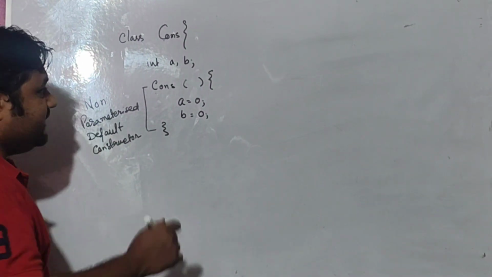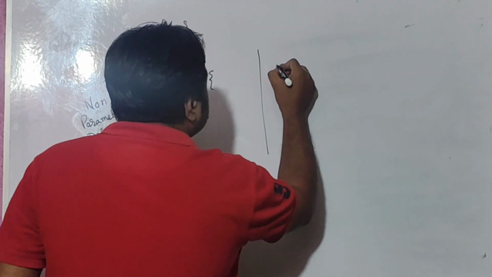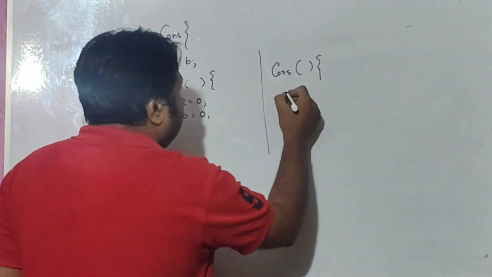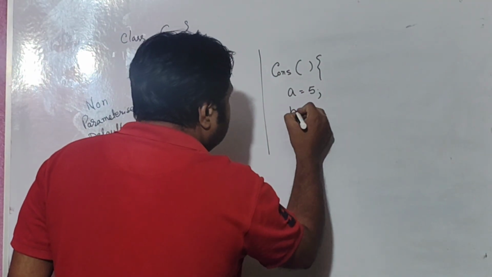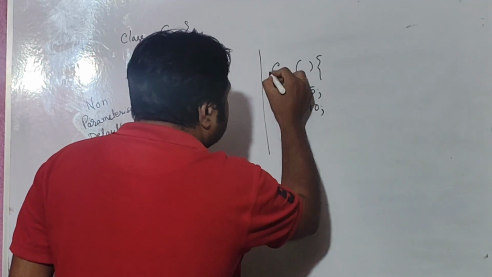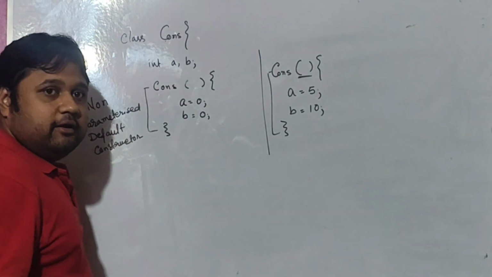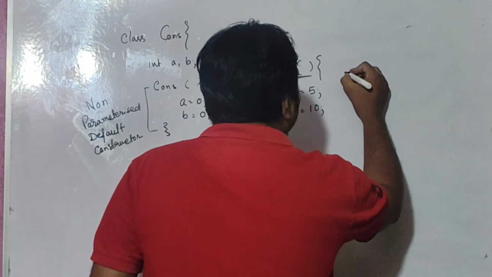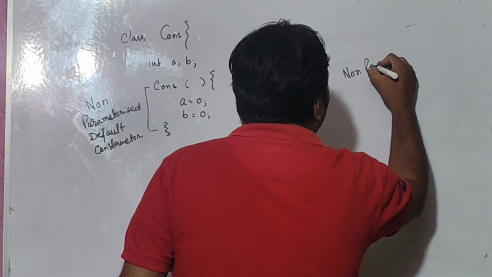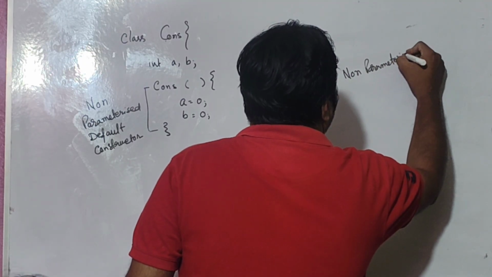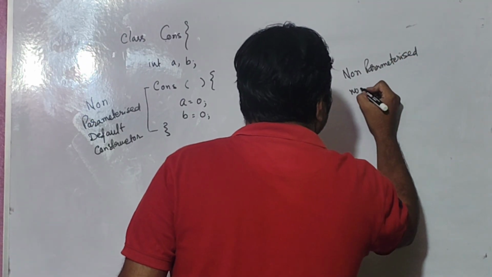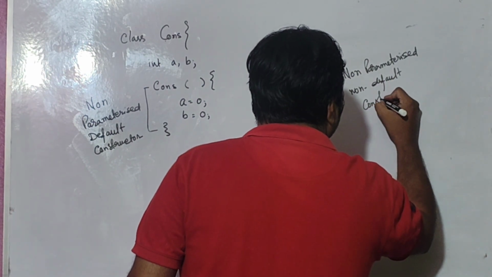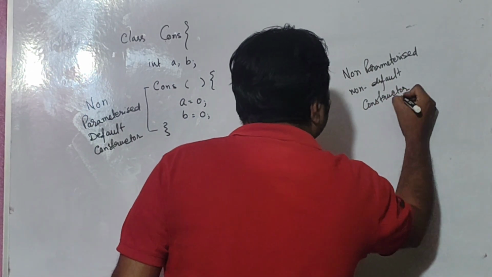Now, if I assign in the non-parameterized constructor A equal to 5, B equal to 10, this is my non-parameterized, non-default constructor.